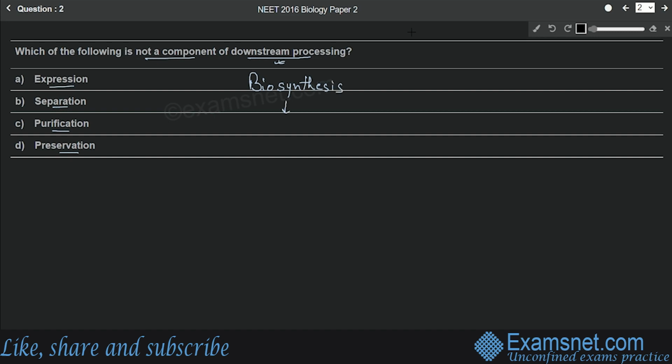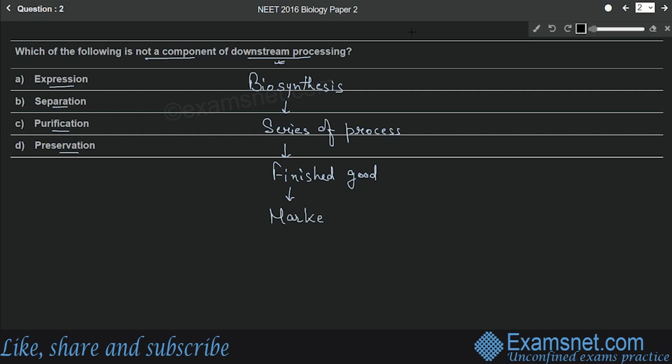That means preparation of the product. And then there is a series of processes before marketing. Then it is ready as a finished good, and that finished good is sent to the market.